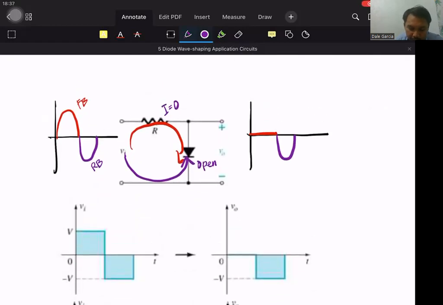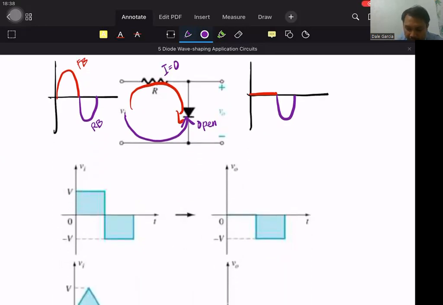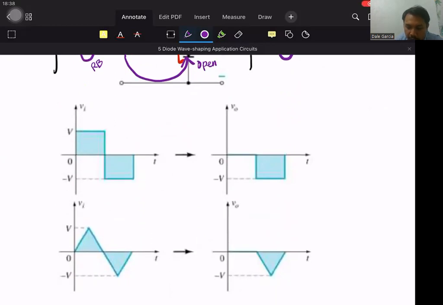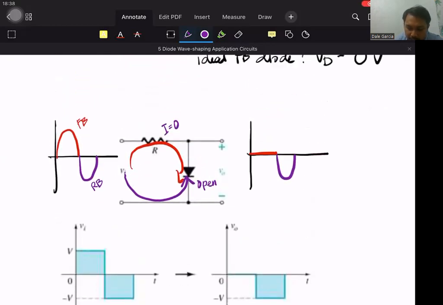So for a square wave, the positive half cycle is clipped away, and the negative half cycle passes through. Technically, no, sorry, pass through is not the proper term. No current passes through during the negative half cycle, but what VO measures is the negative half cycle. The same goes for the triangular wave.